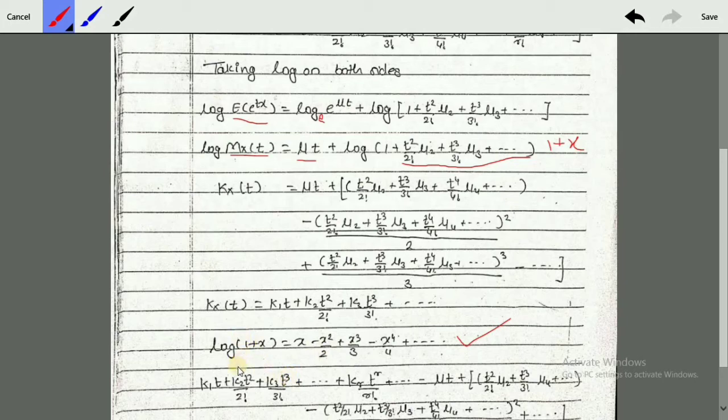Now we compare two sides here, K_X(t), this A equation and this B equation. We will compare this equation 1 and 2 and write down the two sides.